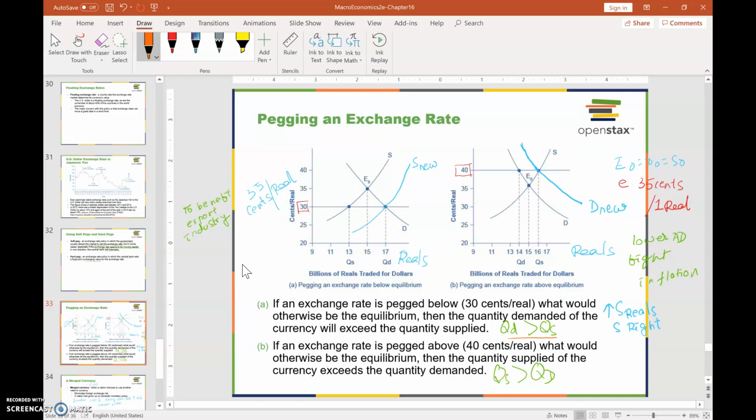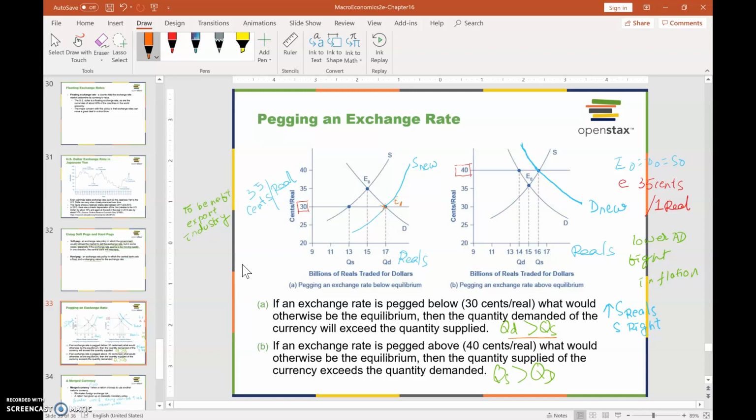So the supply curve for Brazilian currency shifts to the right, and we have filled up the gap here and we are at point E1, and definitely the exchange rate is pegged below this equilibrium exchange rate of 35 cents per real.